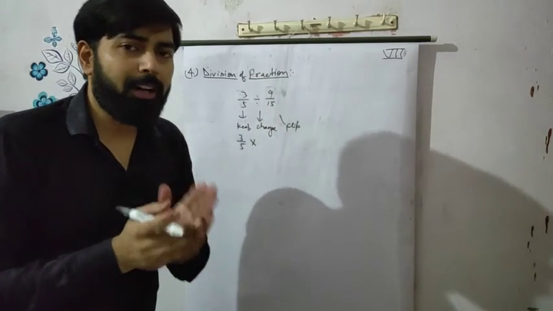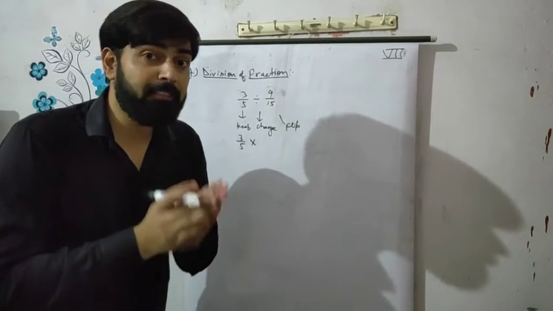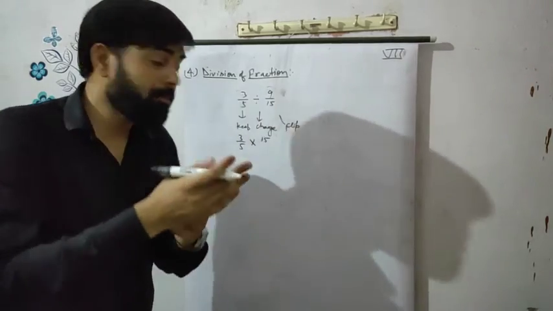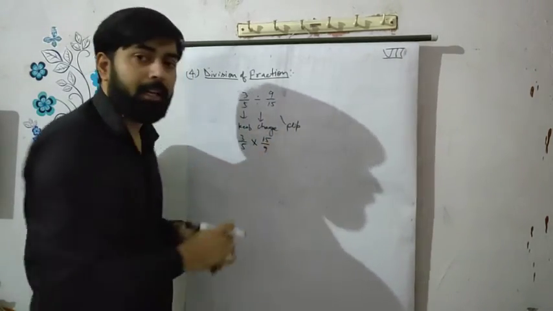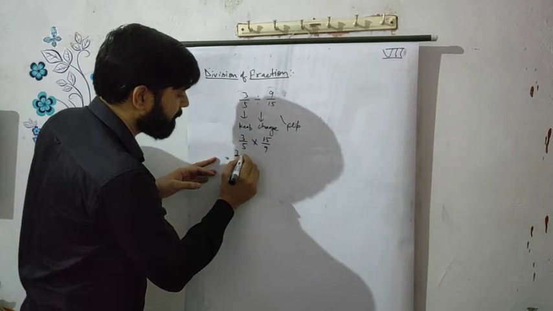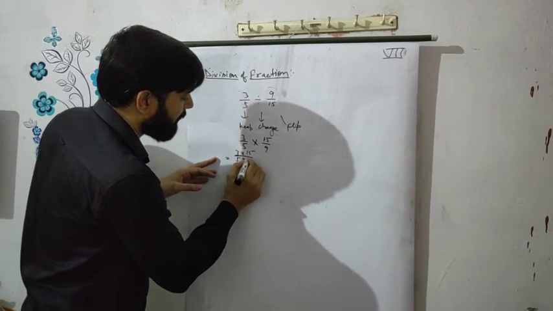And you know how we can write the reciprocal of 9 upon 15: the denominator becomes the numerator and the numerator becomes the denominator. Now we can solve easily. 3 upon 5 multiplied by 15 upon 9.